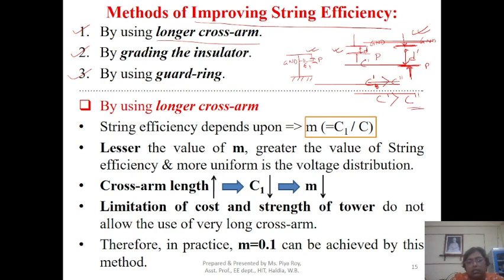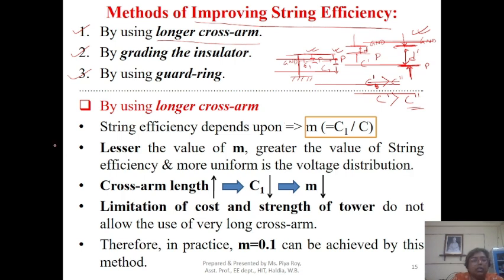So if we increase the cross arm, the discs are placed further out, and the P point shifts away from the tower. The distance increases, so the capacitance drops. This capacitance is basically C1, so C1 drops.